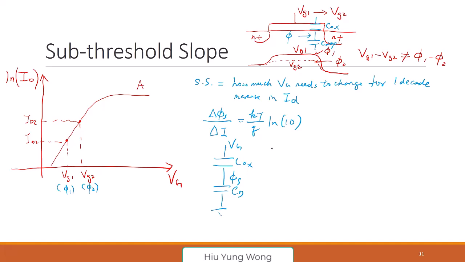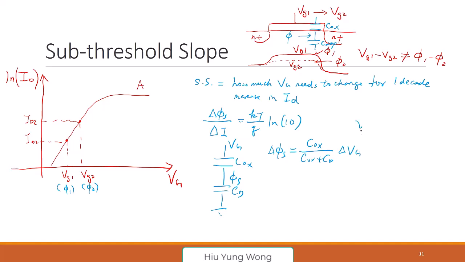What is that? We know that delta phi s is just equal to C ox divided by C ox plus CD times delta Vg. Just use the capacitor divider effect, right? So you change the Vg by 1 volt, it doesn't mean that your surface potential changed by 1 volt.